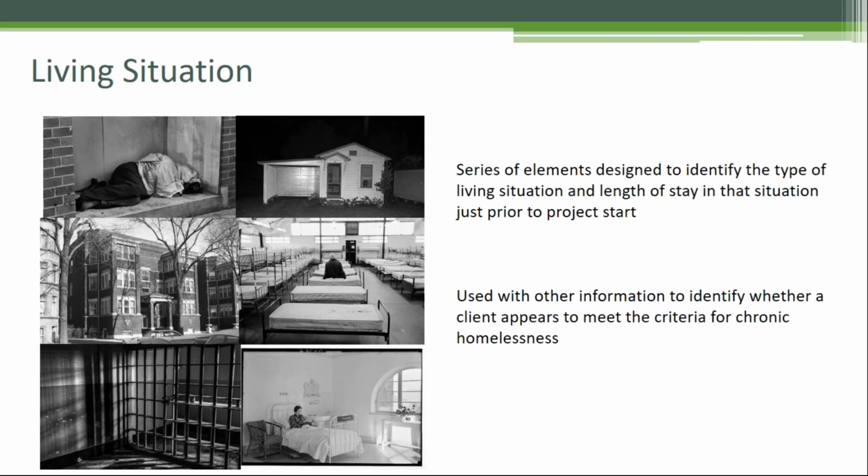So rather than just asking a client, are you chronically homeless? HUD has made the decision that they needed to collect this series of data, and then based on the responses, have each HMIS database do those calculations on the back end.